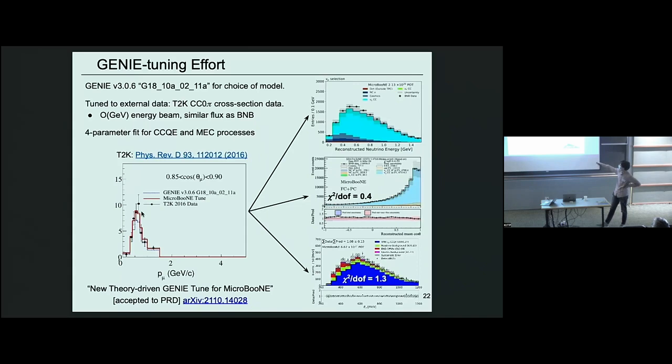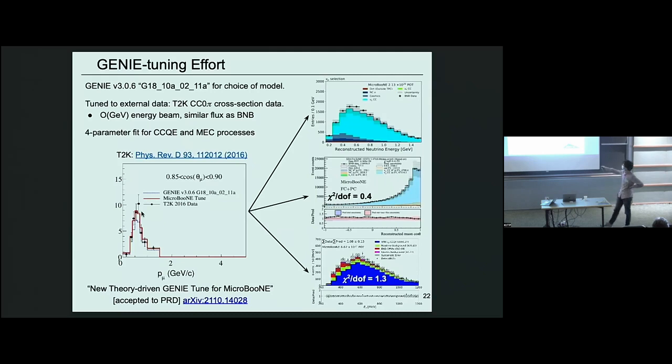So we chose 4 parameters having to do with quasi-elastic and MEC processes. The reason we focused on these processes and not, for example, resonant pion production is that the goal here was making sure the model was doing a good job in the low energy region, where, again, this low energy excess search was really focusing its attention.